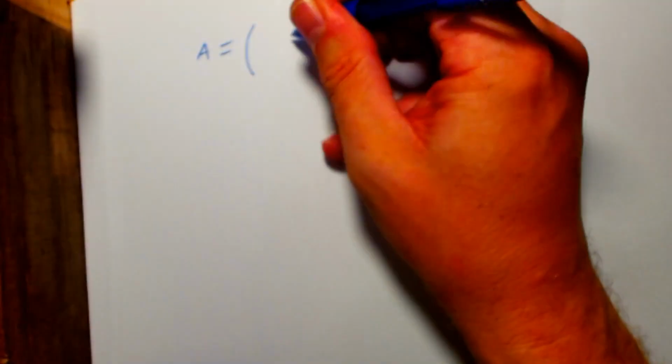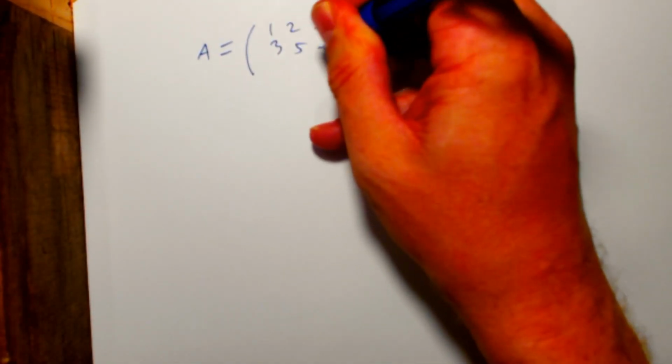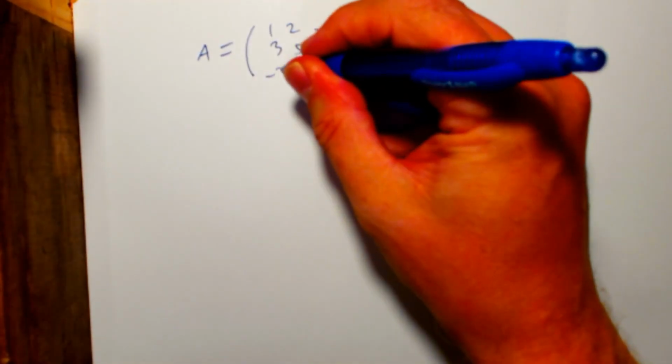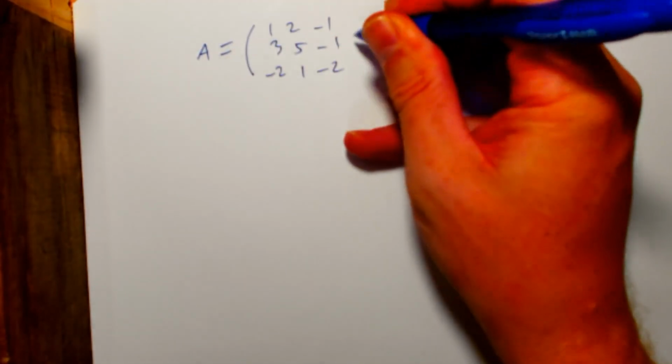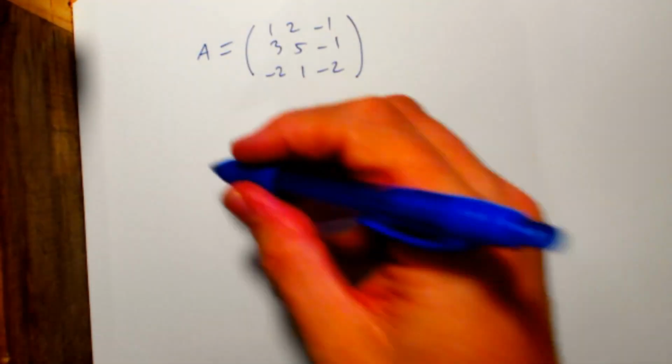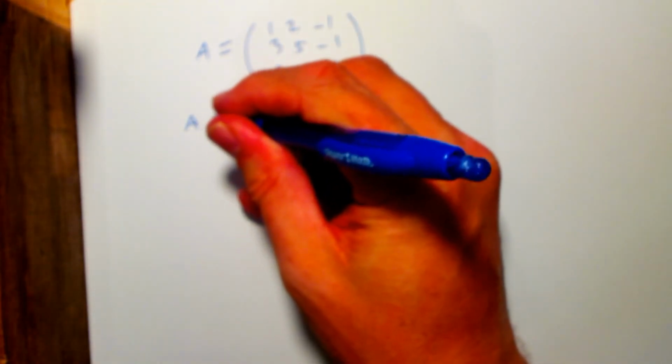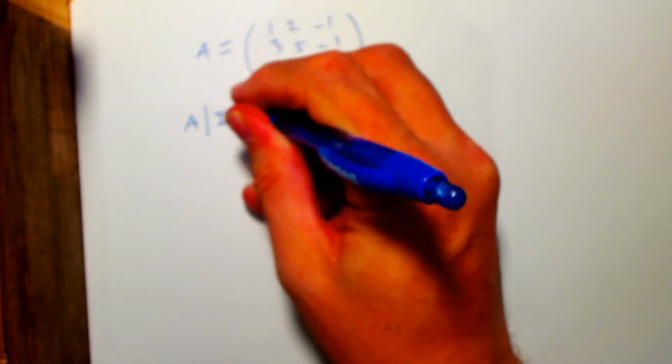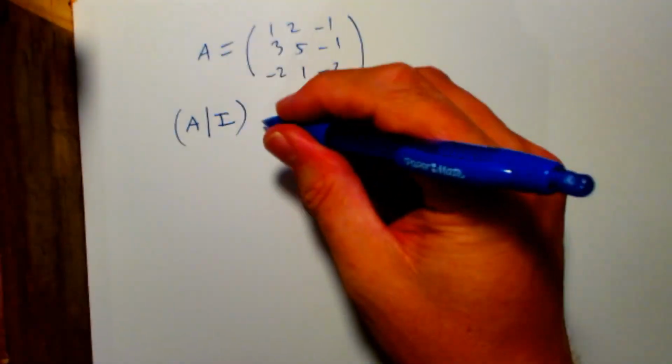So it's hard to say which one is more work. Alright, so we've got a matrix A equal to 1, 2, minus 1, 3, 5, minus 1, minus 2, 1, minus 2, and we need to set up A concatenated with the 3 by 3 identity matrix I.